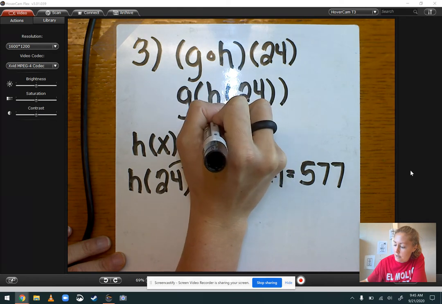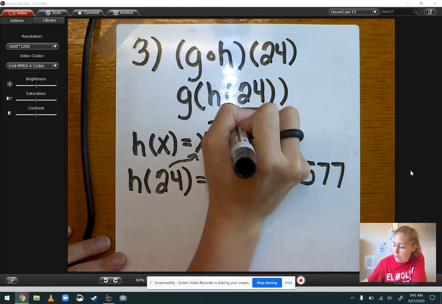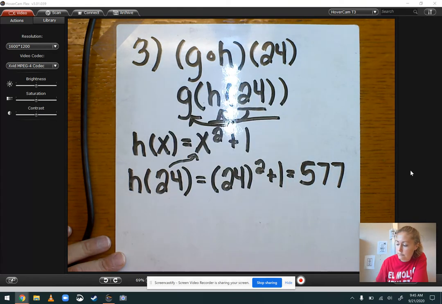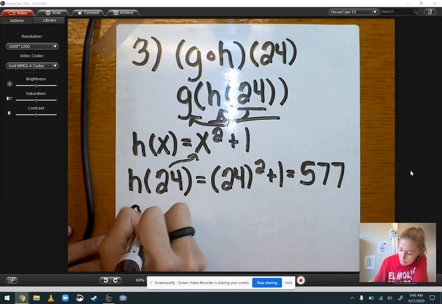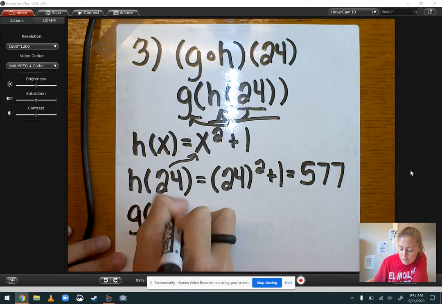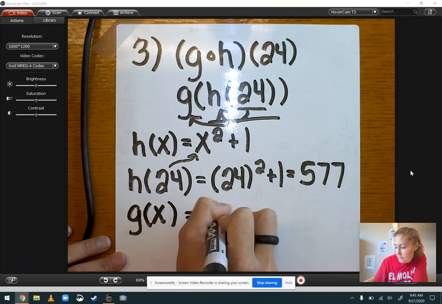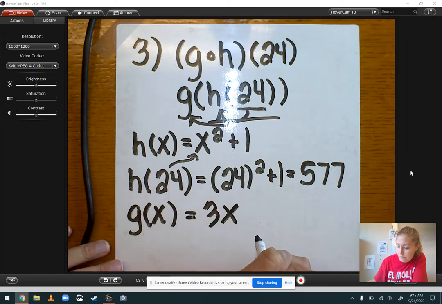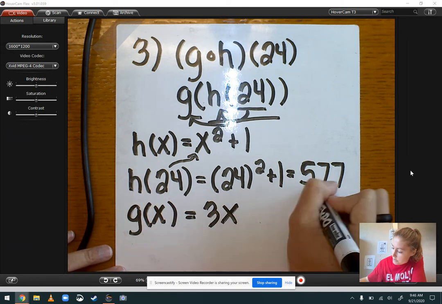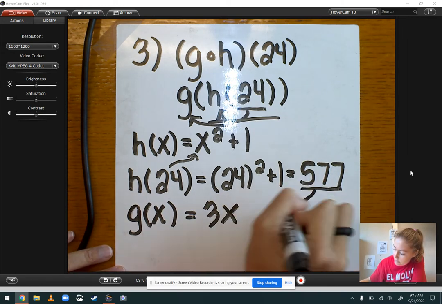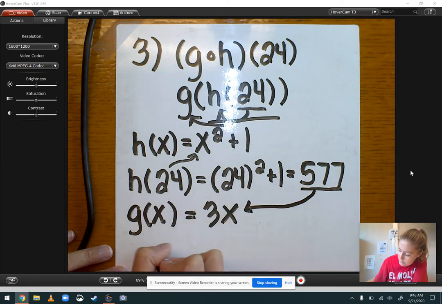Now we're going to take that value and plug it into the g. That g of x was 3x. So we take the 577 and plug it in for x.